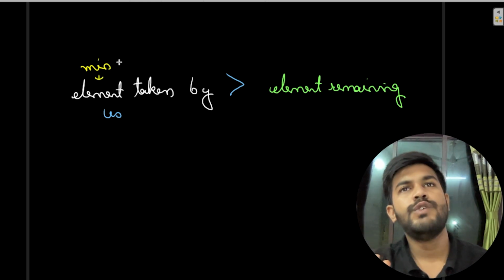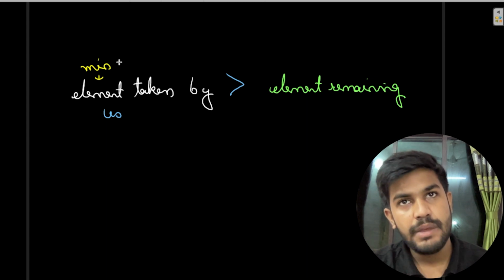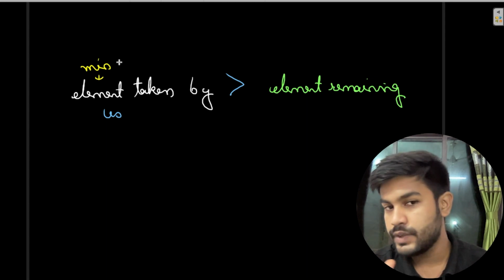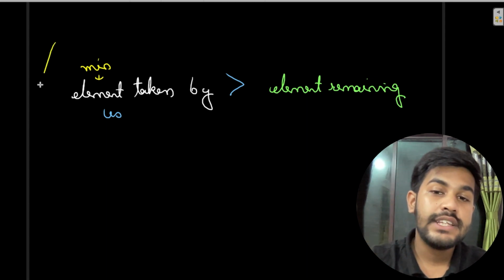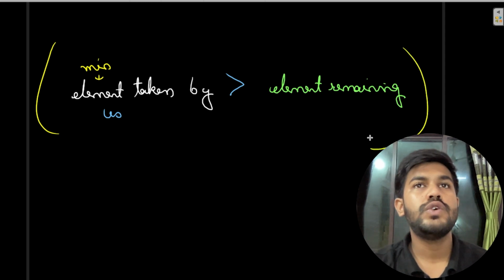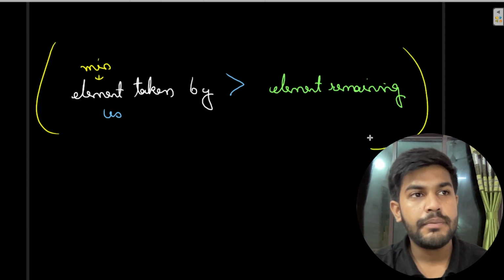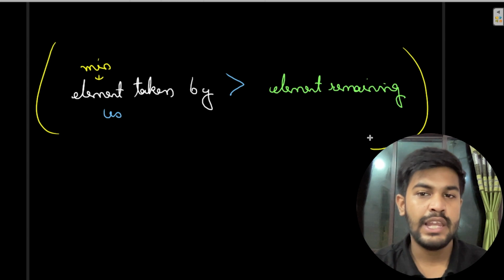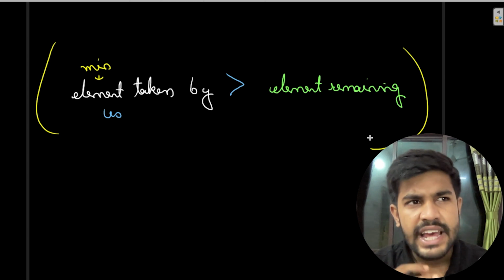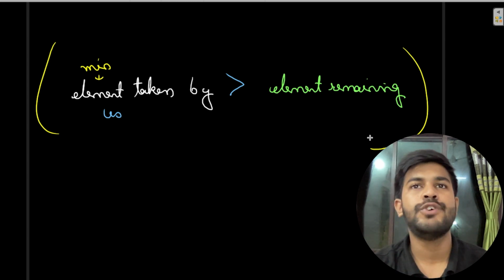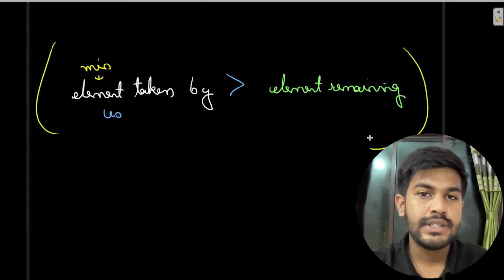So if we want to take fewer elements with more sum, because we need to quickly satisfy this condition, then the best strategy, the greedy strategy, would be that we take large numbers.